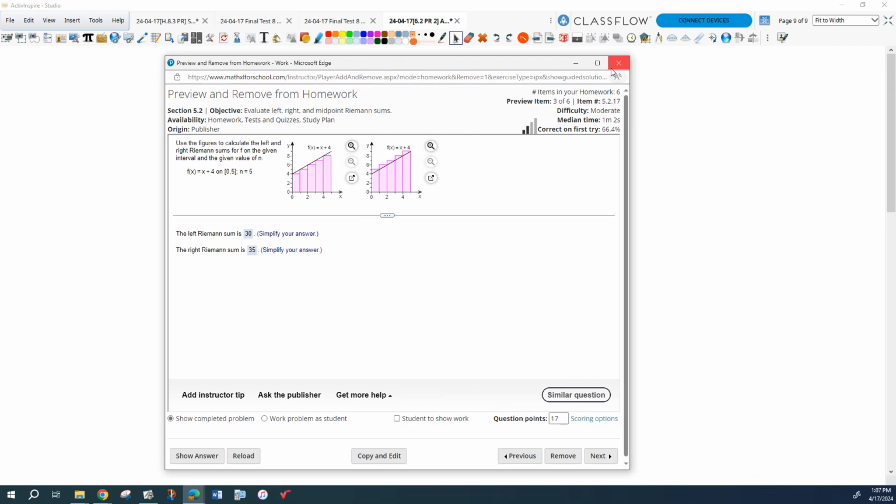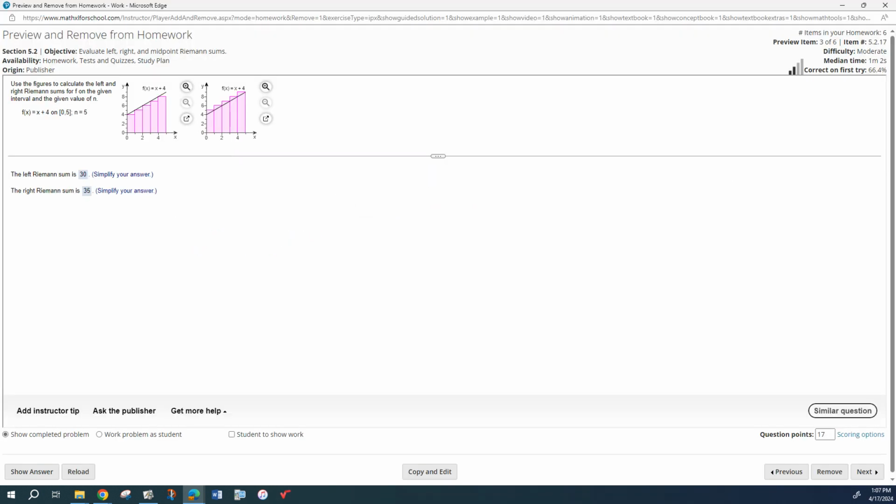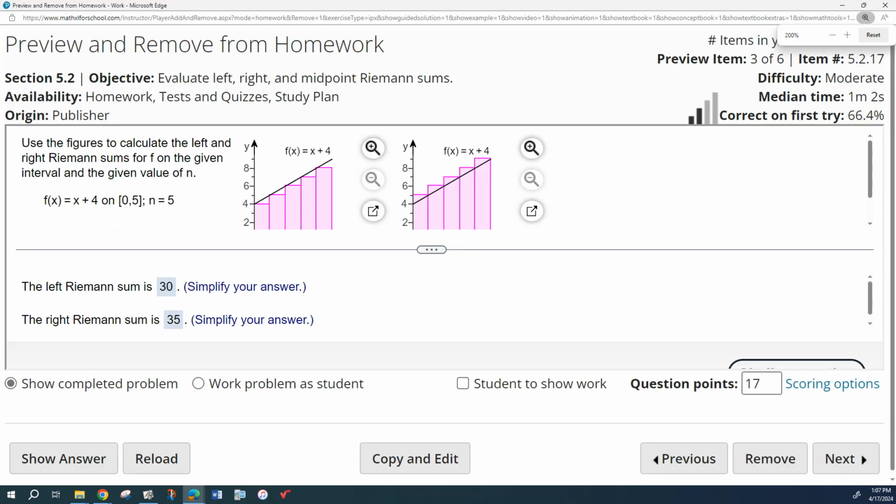Let's maybe look at a couple sample problems. Okay, so what if we wanted to do one like this? If we've got some function f of x equals x plus 4, that's an increasing function, right?